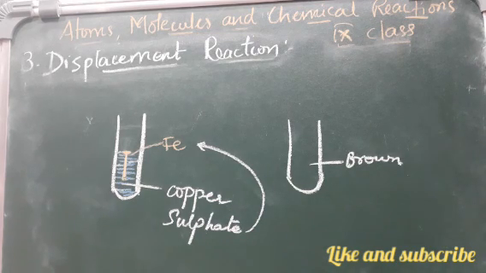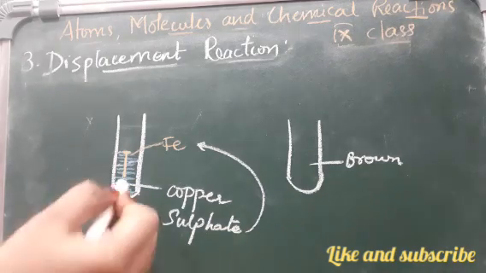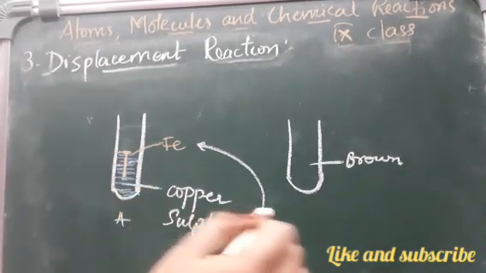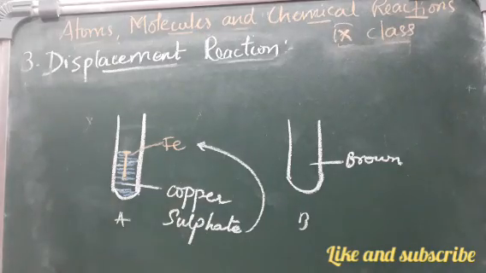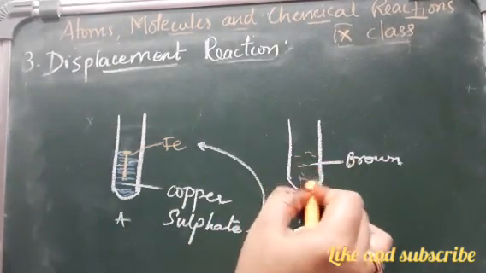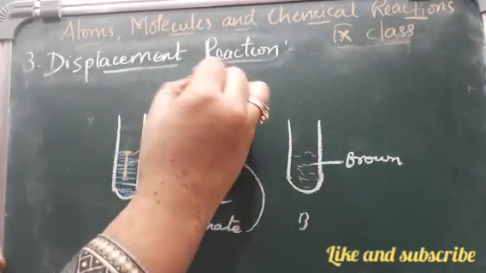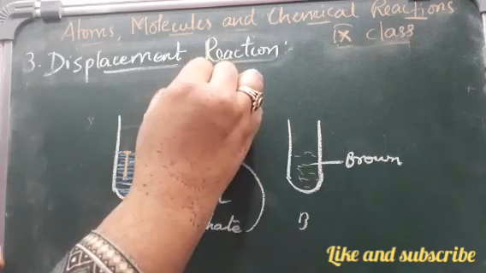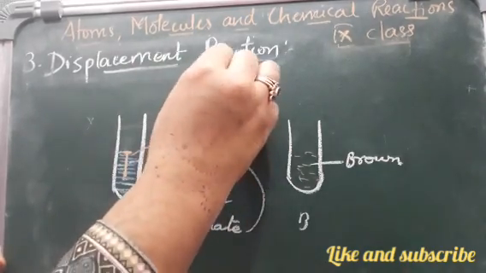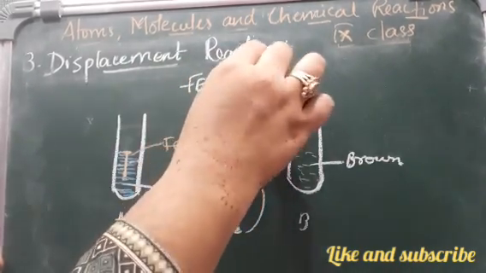The blue color of the copper sulfate solution in test tube A fades. This is test tube A and this is B. You can see that it fades and the solution becomes brown in color. The copper is displaced by iron, forming FeSO4 plus copper.